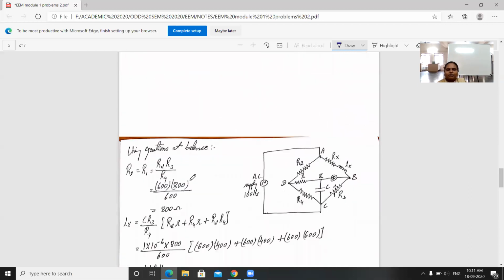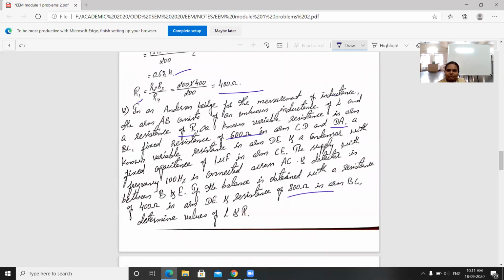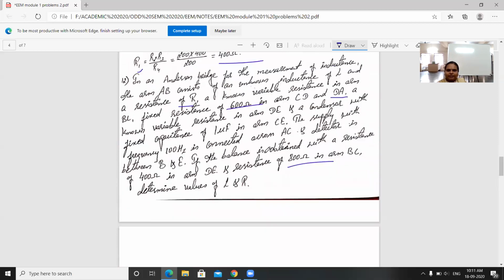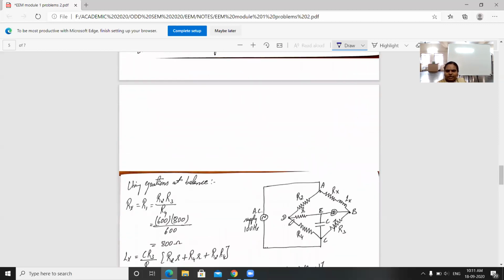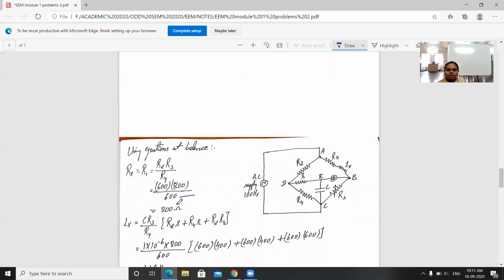Then R4: since CD and DA both have the same values, that is 600. If you solve, you will get 800. That is your R1.